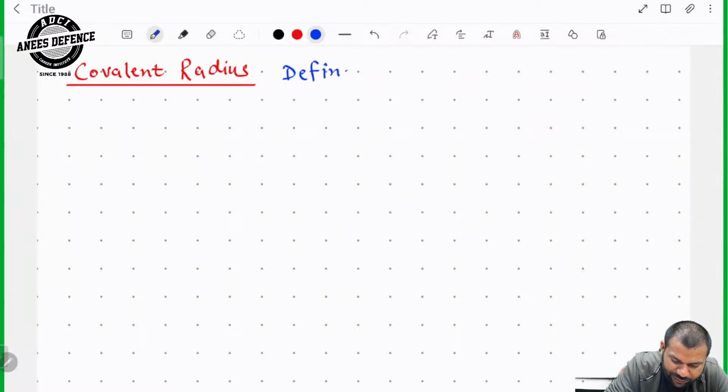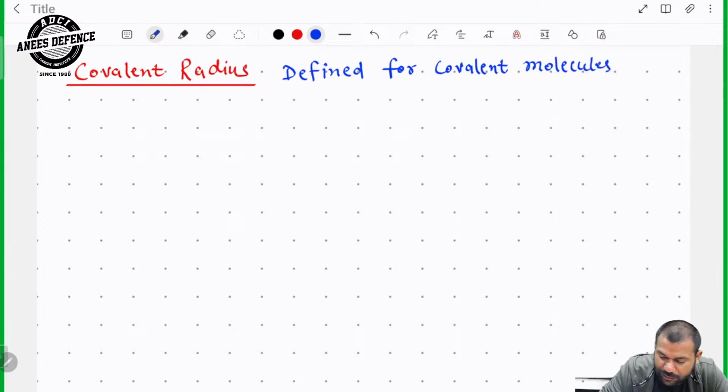So this will be defined for covalent molecules, right? For example, let's say we have hydrogen H2. Hydrogen H2 is H bond H. It is covalent bonded.